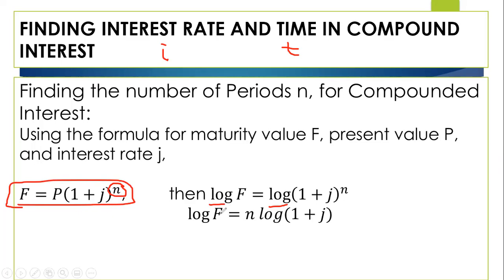So, that will be log of F is equal to N log of 1 plus J. Nawala na yung exponent. Kasi nga po, binaba mo na. Thus, makakuha natin yung N, which is equal to log of F over log of 1 plus J. So, yan po yung formula for N.